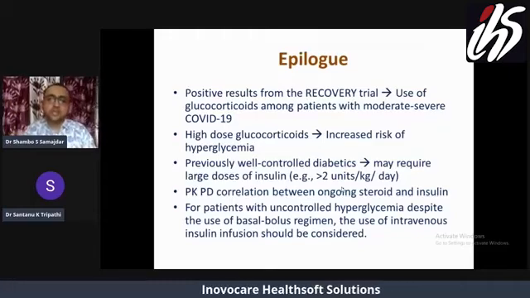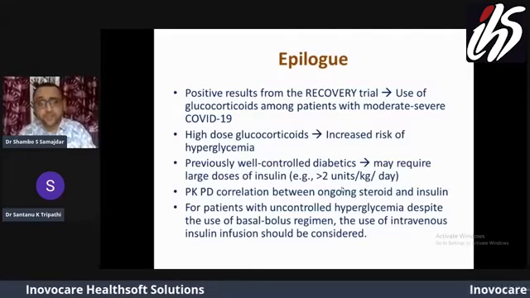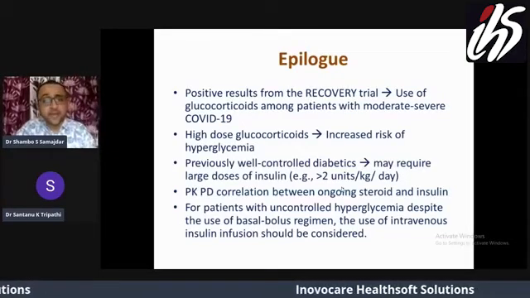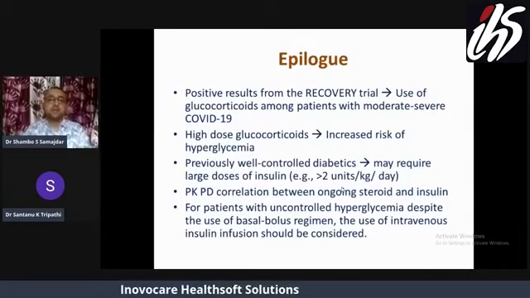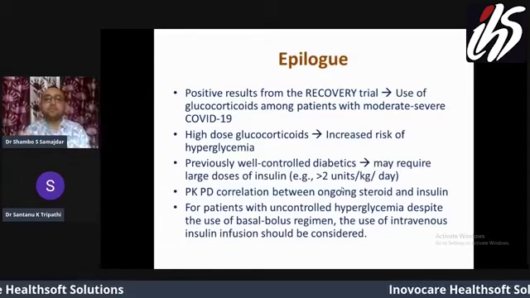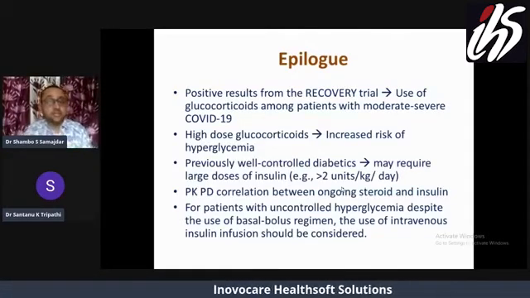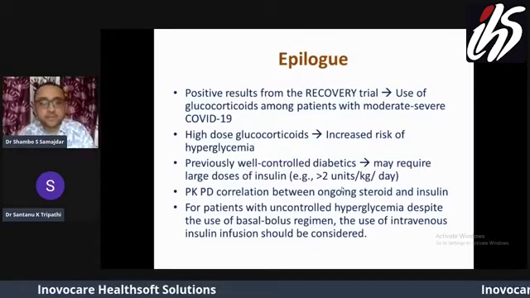Previously well-controlled diabetics sometimes require large doses of insulin, maybe more than 2 units per kg per day. That can happen, but we need to have insulin and steroids matching with their pharmacokinetic and pharmacodynamic properties, and we can use easy guidelines to help our patient.